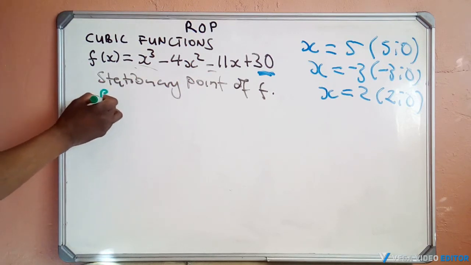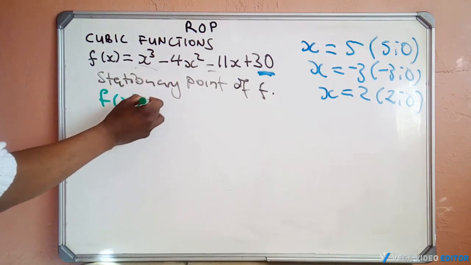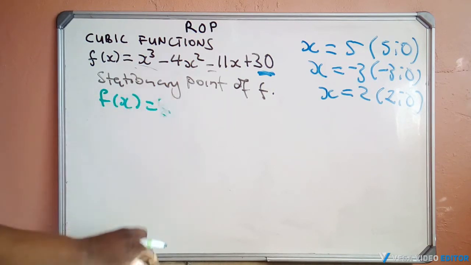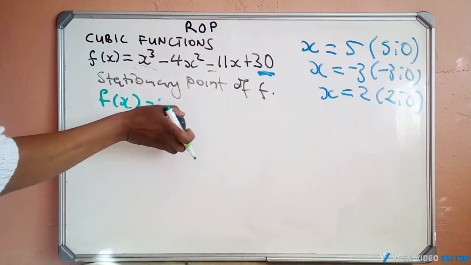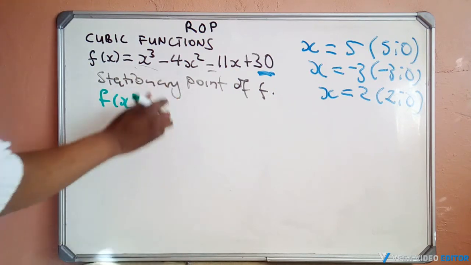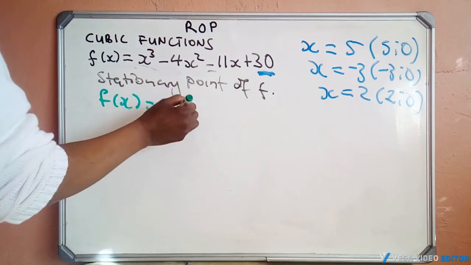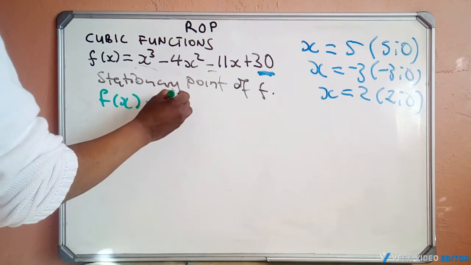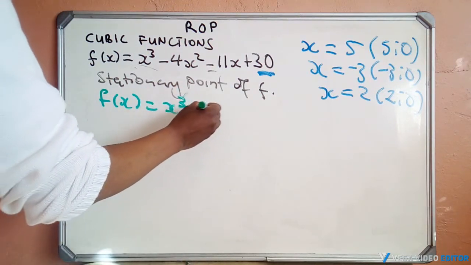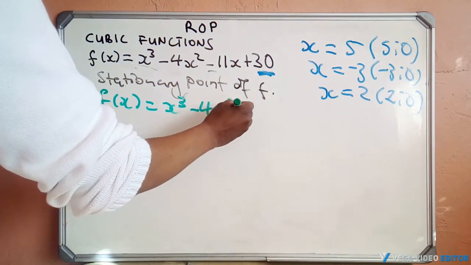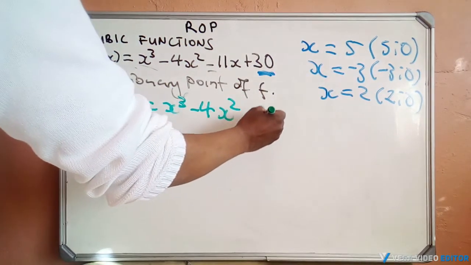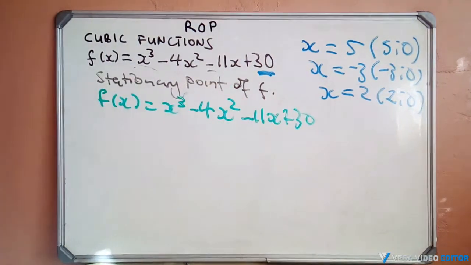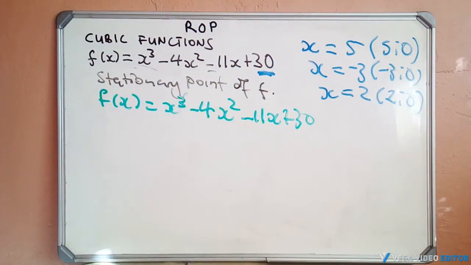This is our function, x cubed minus 4x squared minus 11x plus 30. That is what we're dealing with there.